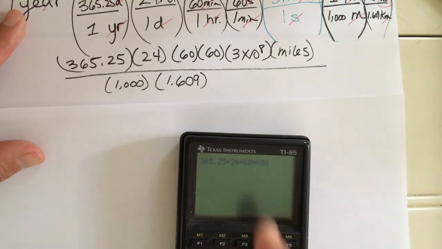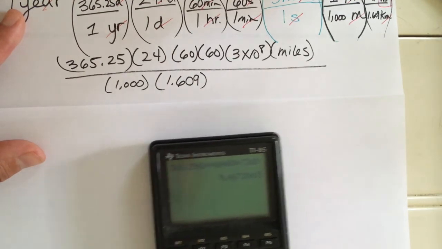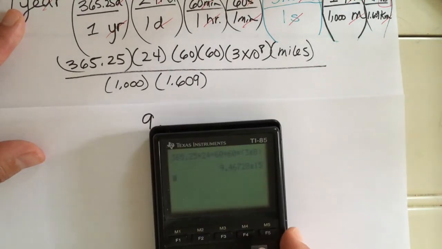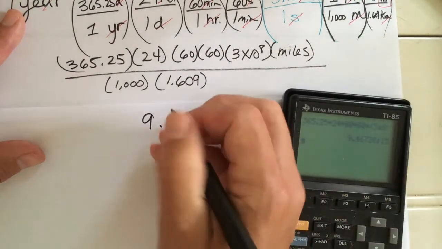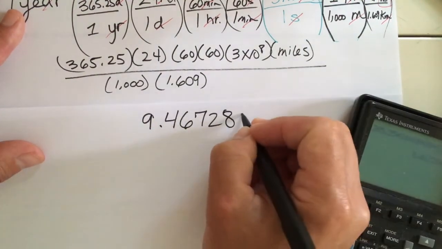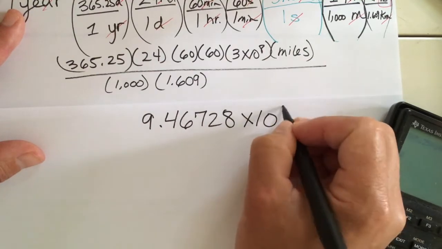And then I'm kind of worried about multiplying by that 3 times 10 to the 8th, so I'm going to type in times parenthesis 3 EE, right, for exponent. That's times 10 to the, then when I do the EE, and then type in 8, end parenthesis, and I get 9.46728 times 10 to the 15th.